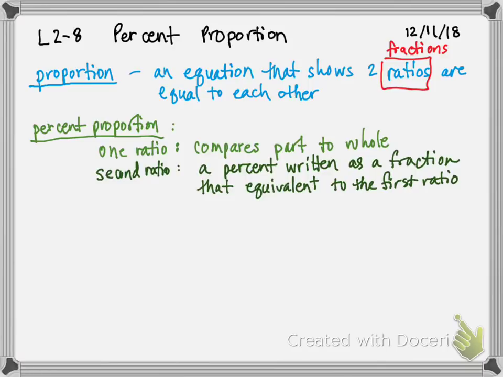Okay, so for example, 1/4 is equal to 25/100. So the left side is part over whole, so 1 out of 4, and the right side is your percent written as a fraction.